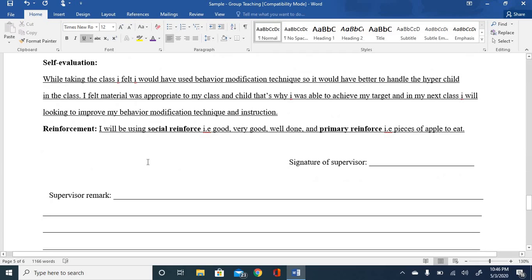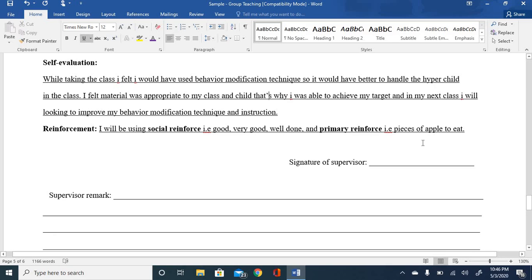And then reinforcement. I will be using a social reinforcer, that is, good, very good, well done, or keep it up, or there are a lot of other things.